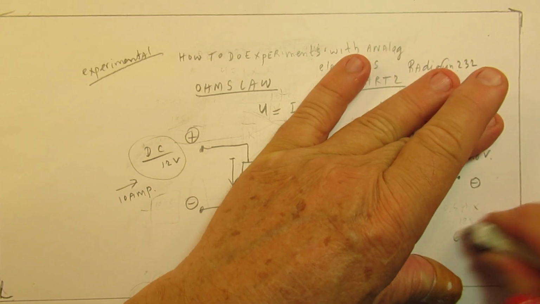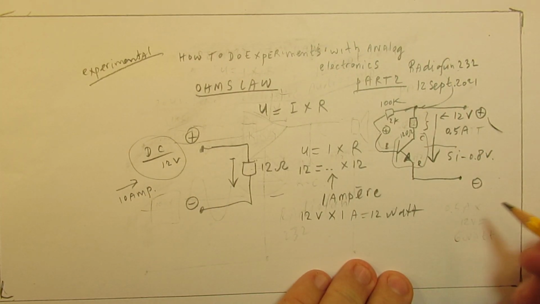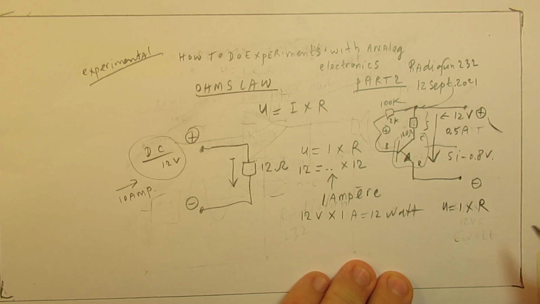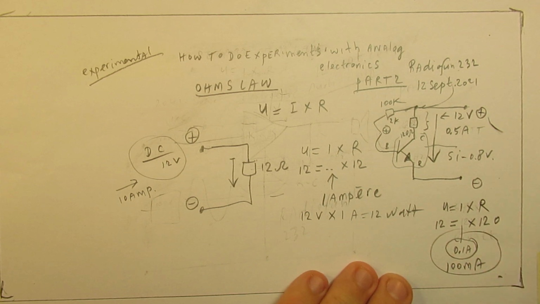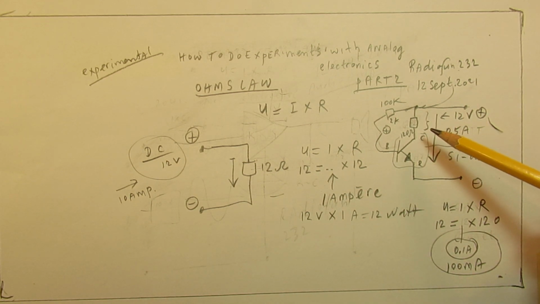We have a resistance of 120 ohms, 12 divided by 120 is 0.1 ampere. That's 100 milliampere. And that resistor will in general not get very hot.